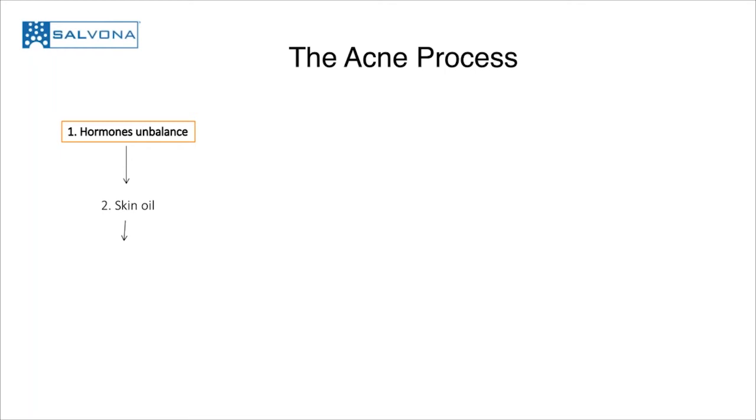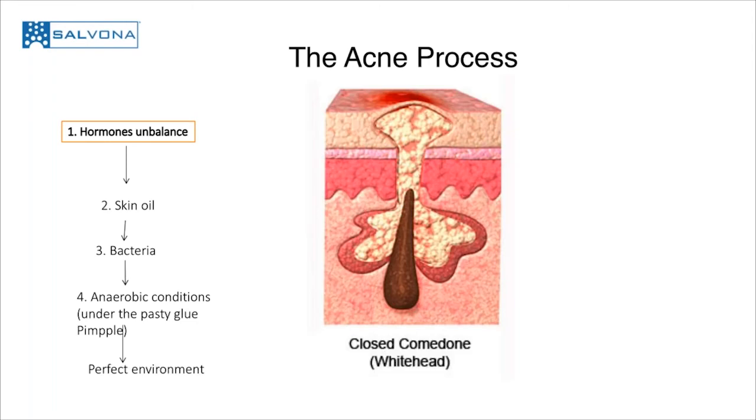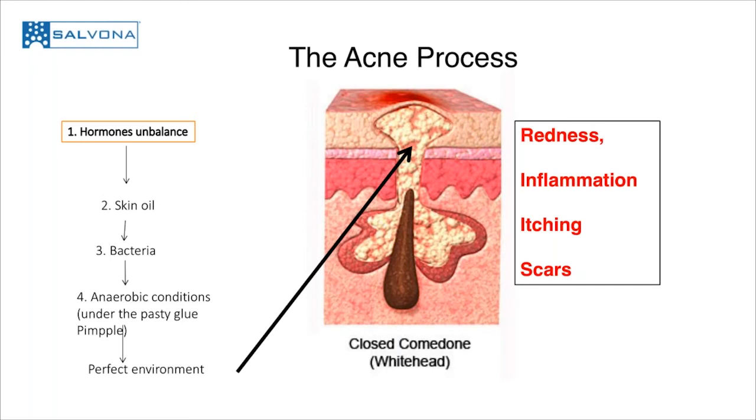The oily skin is a good substrate for bacteria growth. Bacteria start to grow. As the bacteria grow, they form a plug. The plug creates anaerobic conditions that favor P. acnes bacteria growing. As a result of this, we form the pimple. The pimple is characterized by redness, inflammation, itching, and eventually it could generate a scar.